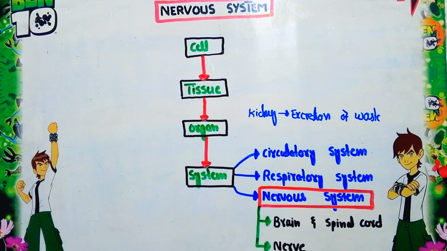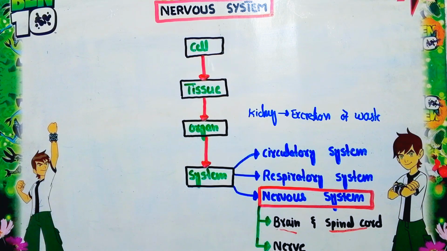So these organs, along with the structures responsible for carrying messages toward or away from them, form our nervous system. So the nervous system basically contains the brain and spinal cord, along with the nerves. These constitute our nervous system.